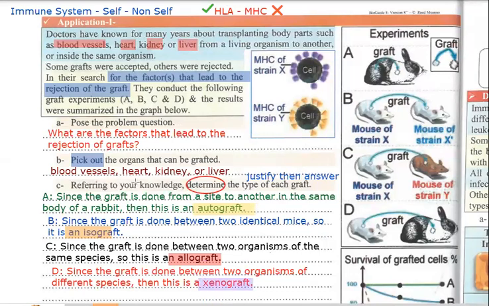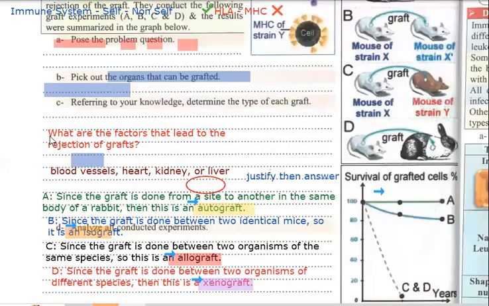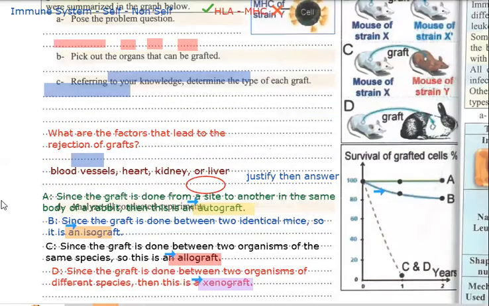There are 4 different types of grafts: autograft, isograft, allograft, and xenograft. Now, what is the fate of each of these grafts?